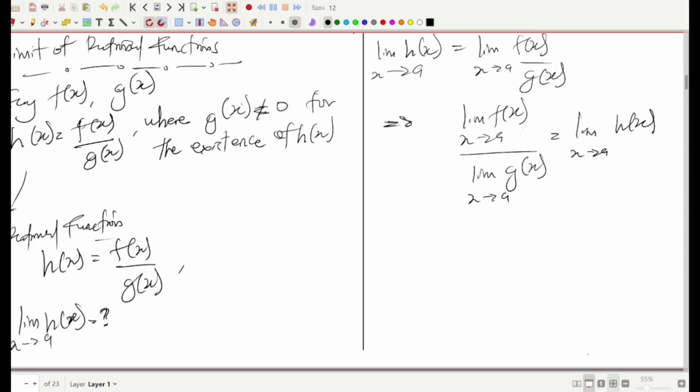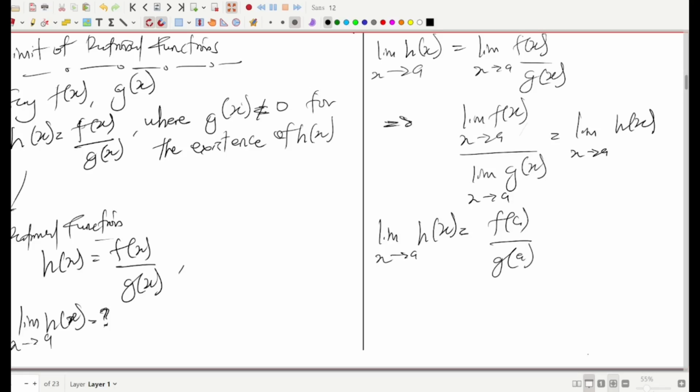Here, we can do direct substitution, right? For direct substitution, the limit as x approaches a of h of x would be f of a divided by g of a.